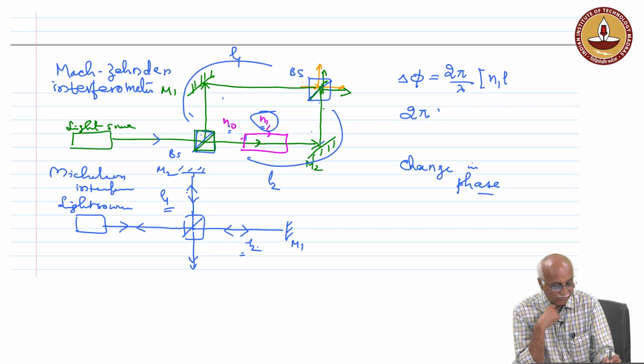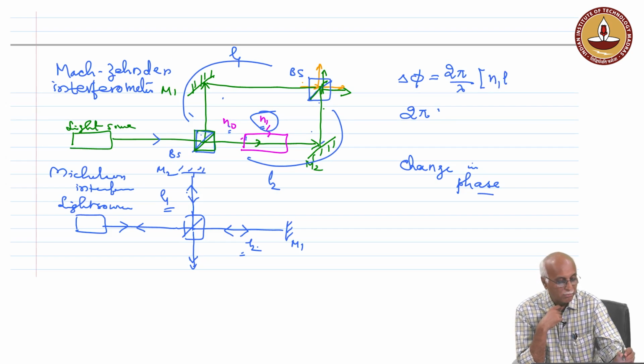Let us simplify, otherwise of course we can write it in a complex way. Let us assume this whole path has refractive index n1, and this whole path has refractive index n2.